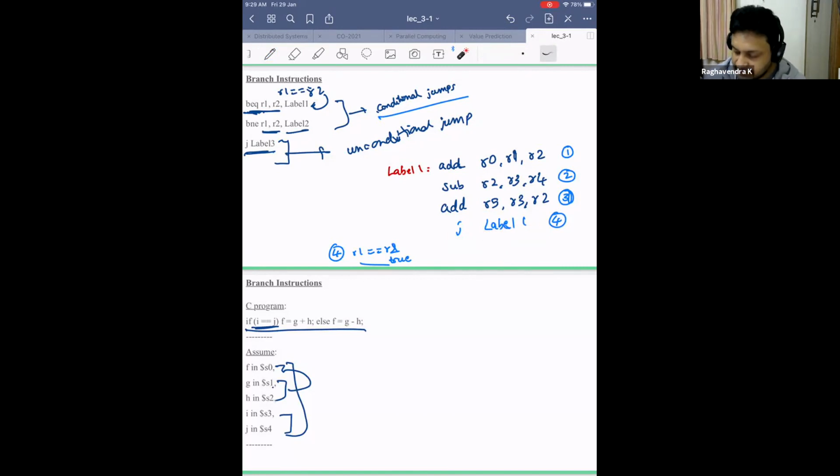Whenever the statement is executed, it will go on to label 1. But this does look dumb, right? Because it comes here, then it goes here, then it comes here, it goes here. I'm just stuck in an infinite loop. So why would anybody want to come up with a jump statement?